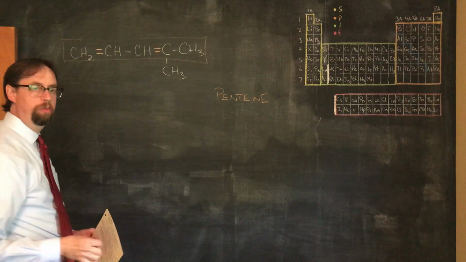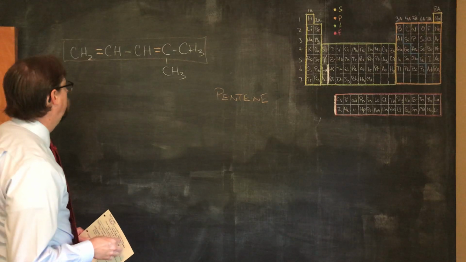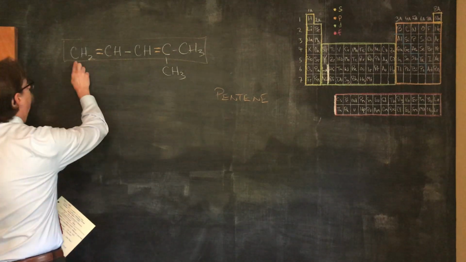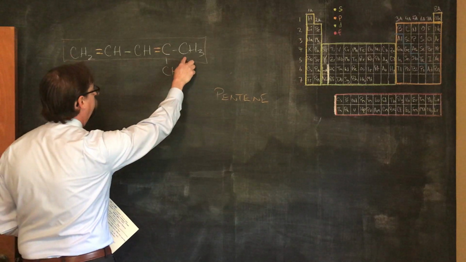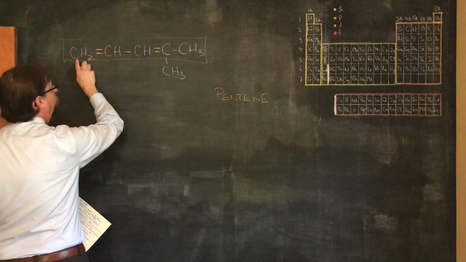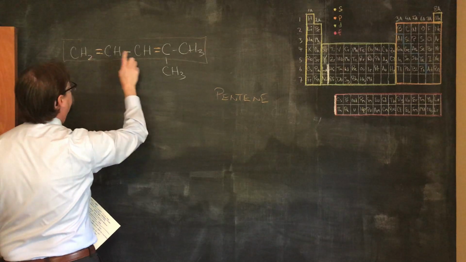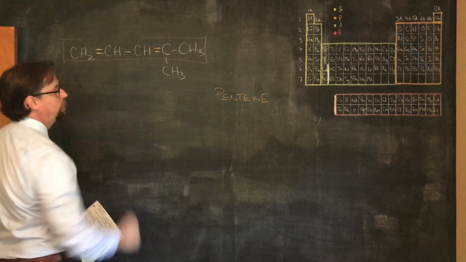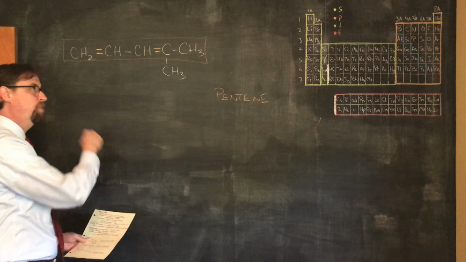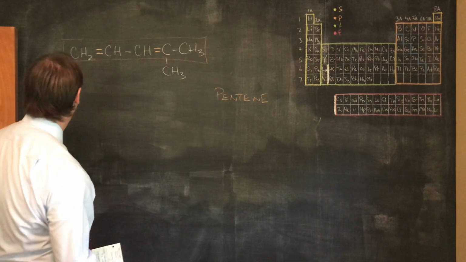Let's number those carbons so we can figure out where the double bonds are. I can go 1, 2, 3, 4, 5. That puts the double bond off of 1 and 3. Or I could go here 1, 2, 3, 4. That puts the double bond on 2 and 4. I'm going to start over there because I want my double bonds at the lowest number.